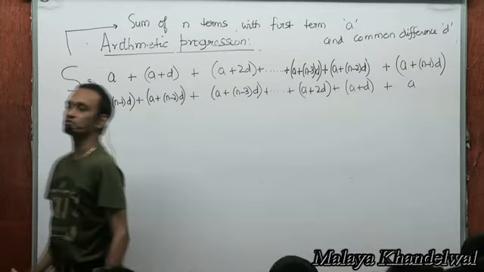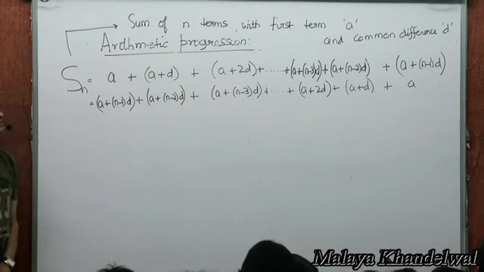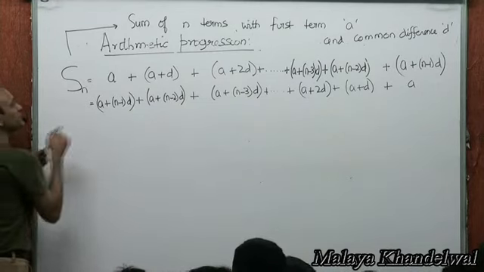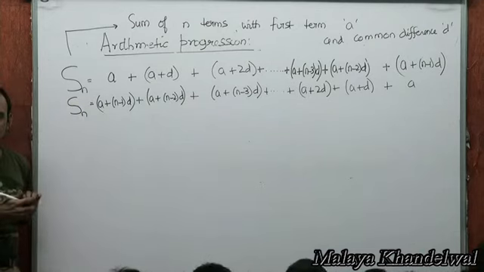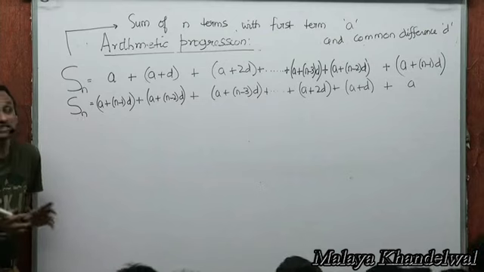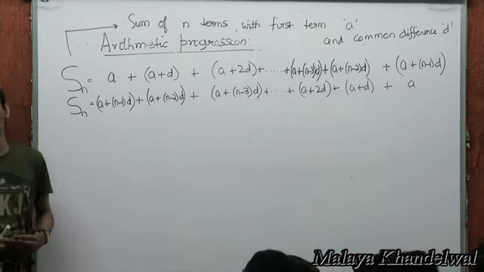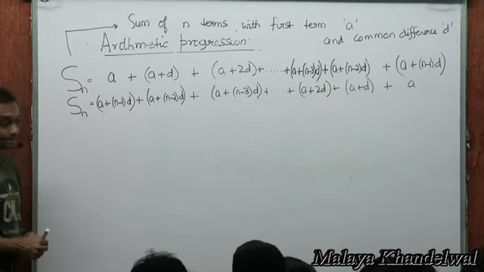I've just written the terms in reverse order now. Do you see that? The sum will remain the same, Sn. I'm seeking to find the sum of n terms in terms of A, the first term, and common difference D of this arithmetic progression. Clear?